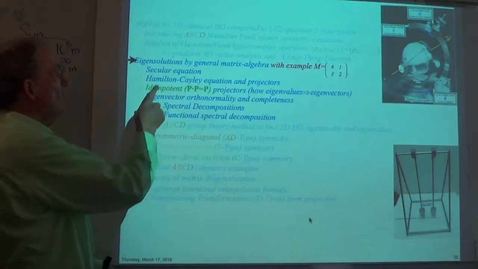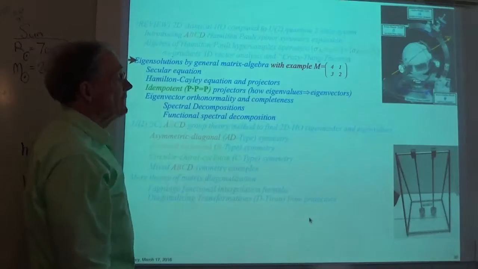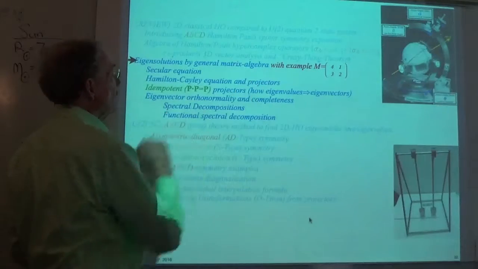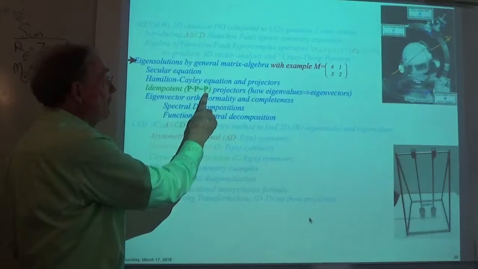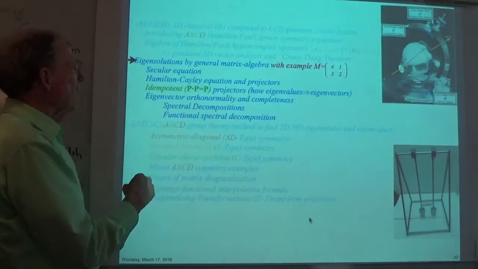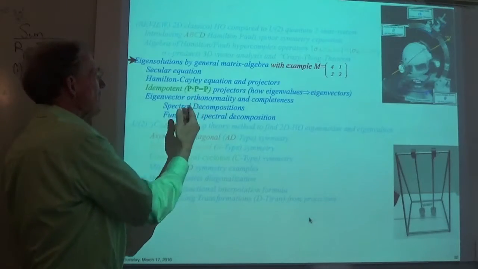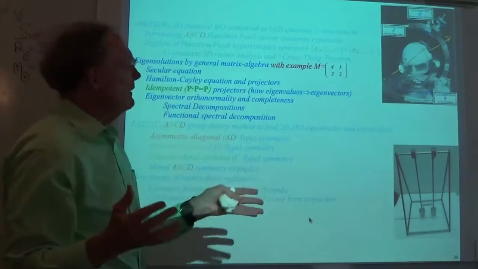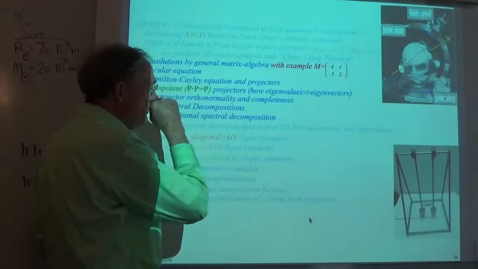So we're going to look through here first at a thing called the secular equation, and then the Hamilton-Cayley equation, and then things called projectors, and then things that square up to themselves, kind of Ayn Randian in that sense. They're very solipsistic. The idea is that you just multiply yourself and make yourself again. Very weird. We're going to see those things in here.